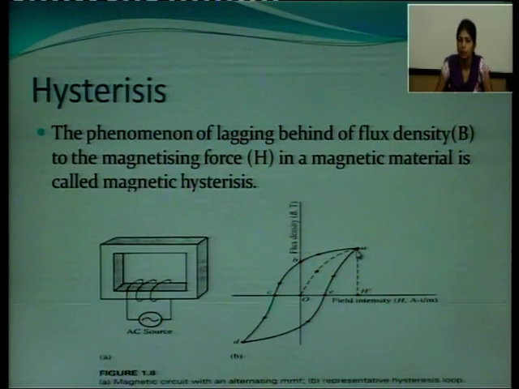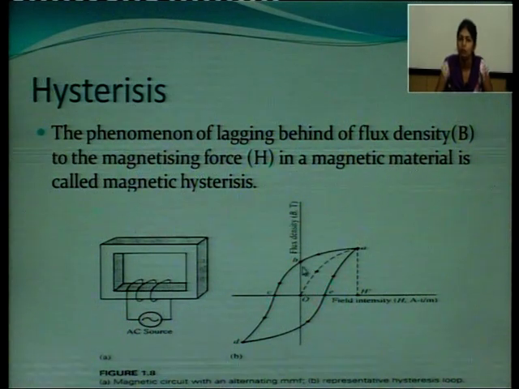After some point, at the knee point, as we reduce the value of H, B will not reduce along the same path, but follows another path and meets the y axis at this point. From O to B, this is known as retentivity, which means even when we remove the magnetization, there is still some magnetization in that material.